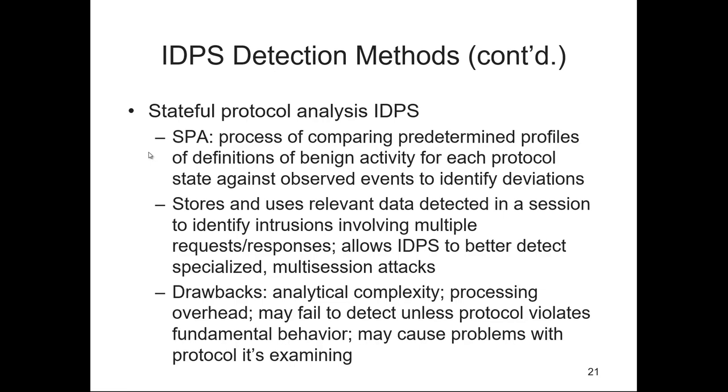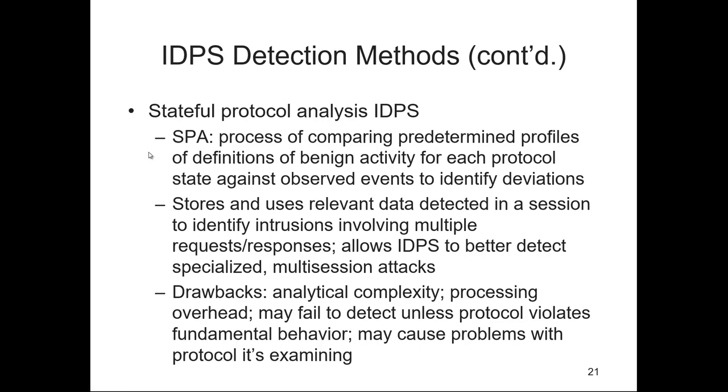The third method is the stateful protocol analysis, which is similar to the stateful inspection in firewalls. The stateful protocol analysis is the process of comparing predetermined profiles of definitions of activity for each protocol state against observed events to identify deviations.